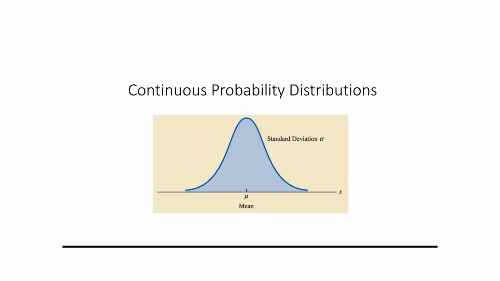Let's do that with the normal distribution because that's the one we'll be using most. On the horizontal axis, we have all the possible values x can take, and there are an infinite number of them from -infinity to +infinity.